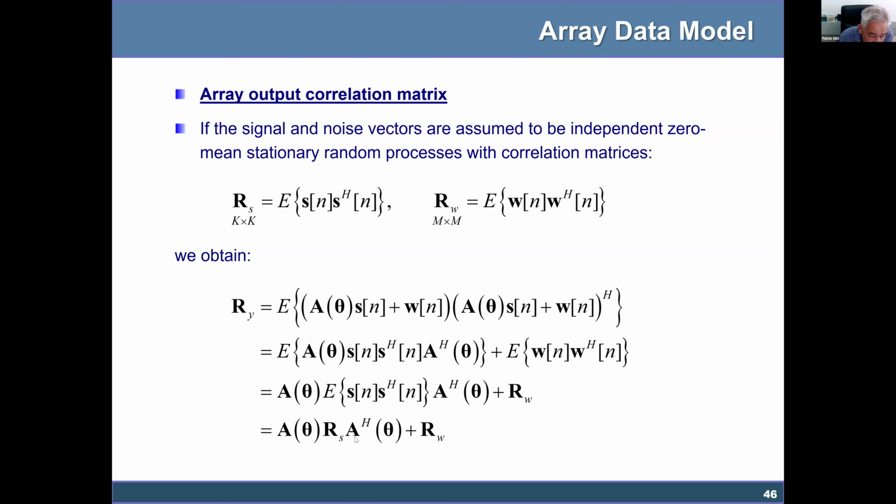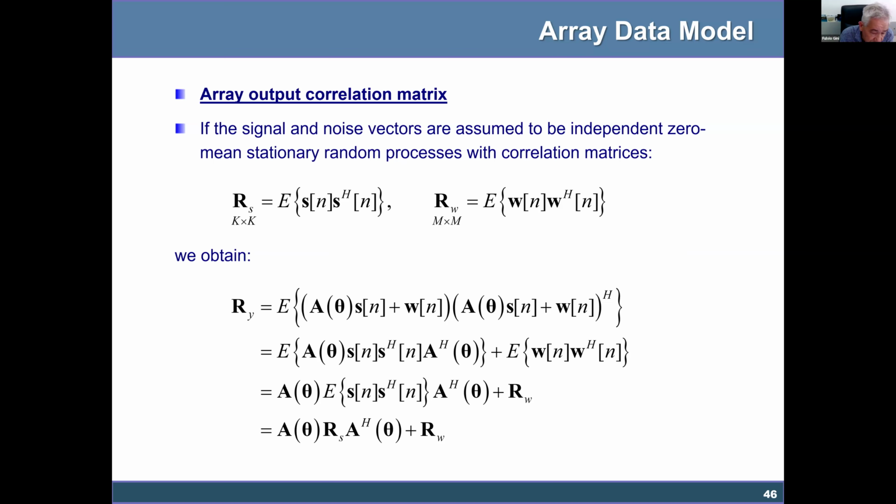Rs is K by K. A Hermitian is K by M. The rank of the product of the three is basically at most equal to K. So if A and Rs are full rank matrices, the rank of the signal matrix is equal to the number of targets, K. So the rank of the signal matrix, I repeat, coincides with the number of targets.